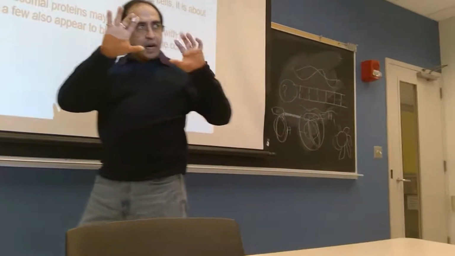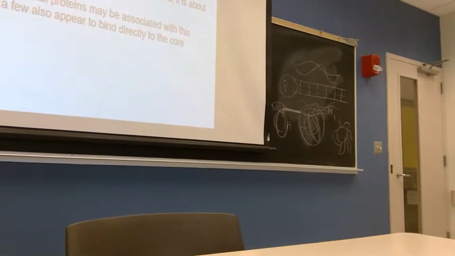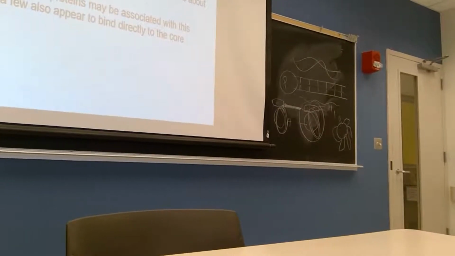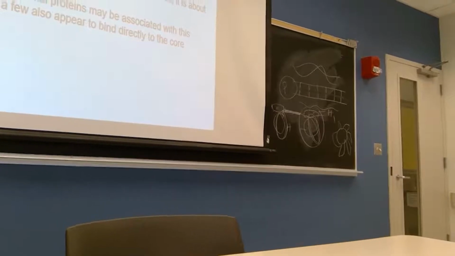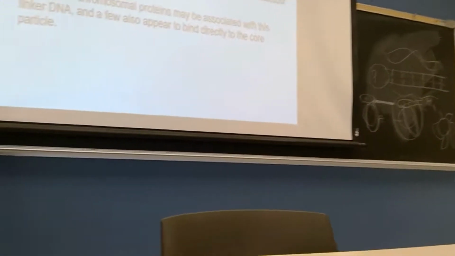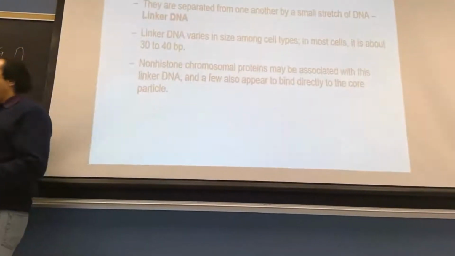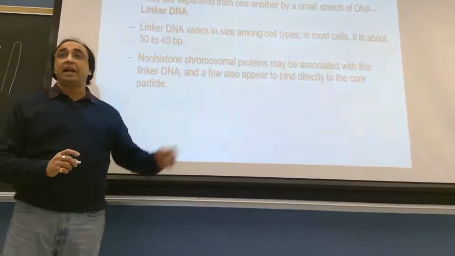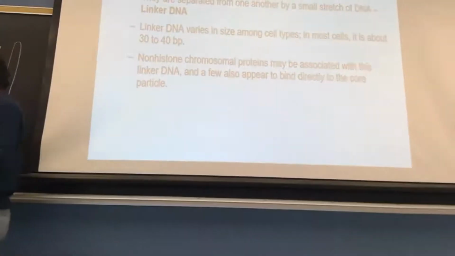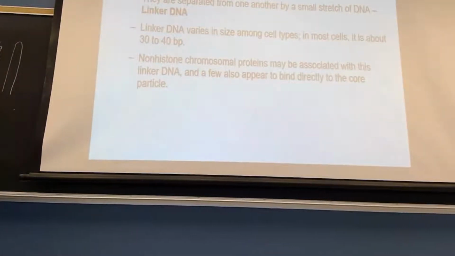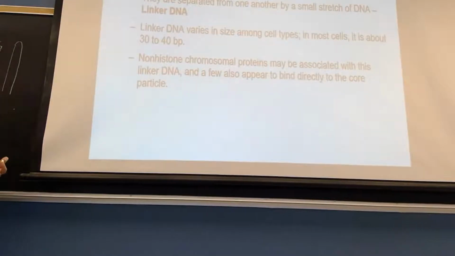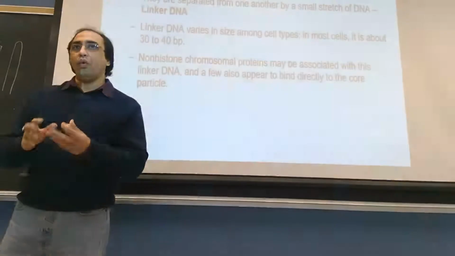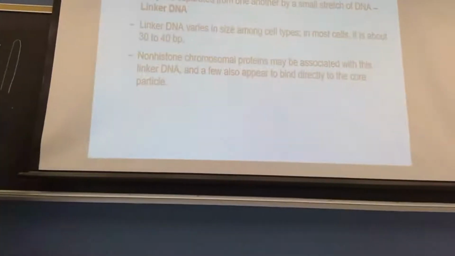Between these two chromatosomes, that is called the linker DNA, and this linker DNA is about 30 to 40 BP long. All those non-histone proteins in the chromosome can be attached to this linker DNA only, because the nucleosome part is very tightly packed, so there is no way other things can go there.